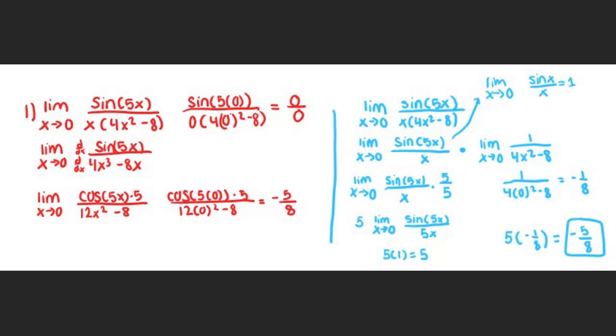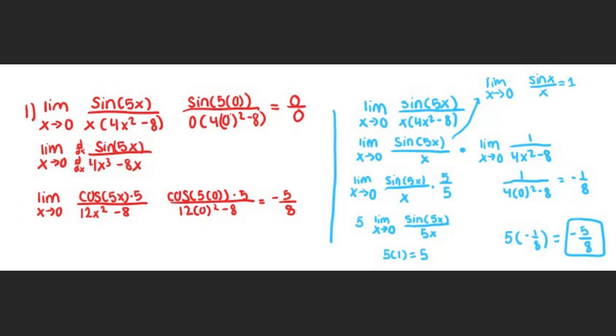So we can split up the limit into 2 parts. We can take the limit as x goes to 0 of sine 5x over x, times the limit as x goes to 0 of 1 over 4x squared minus 8, and we can solve those separately.